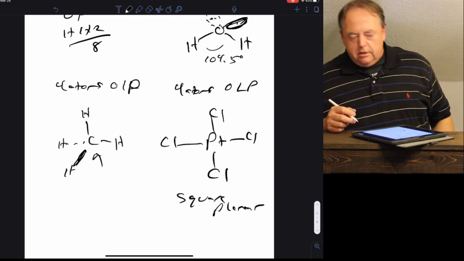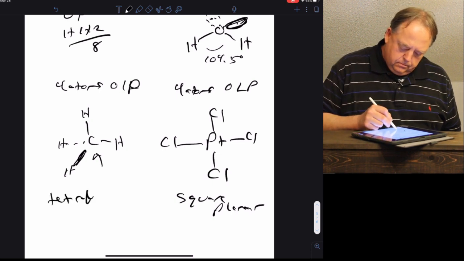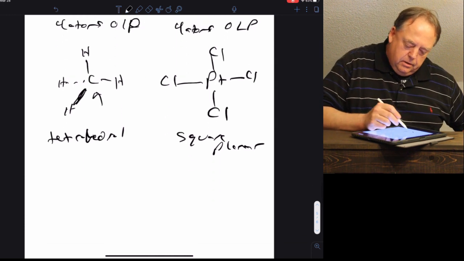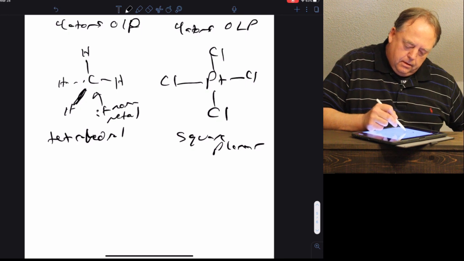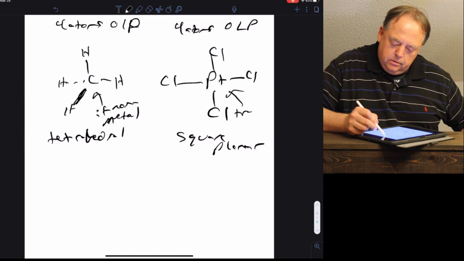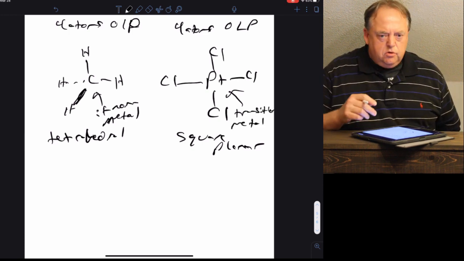So how do you know if it's going to be tetrahedral or square planar? It's determined by the central atom. If the central atom is a nonmetal, it's going to be tetrahedral. If the central atom is a transition metal, then it could be square planar.